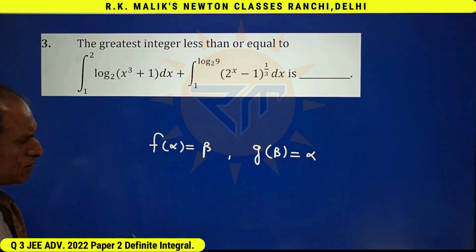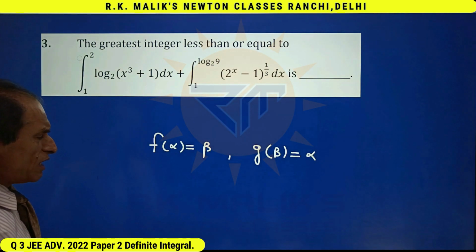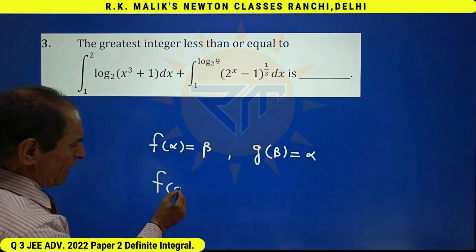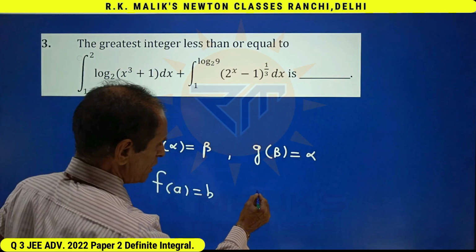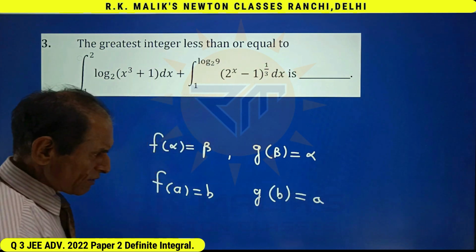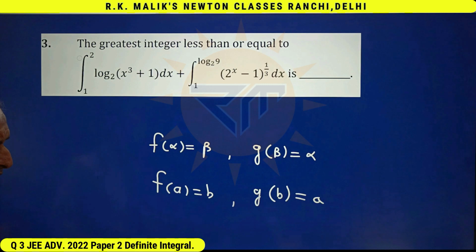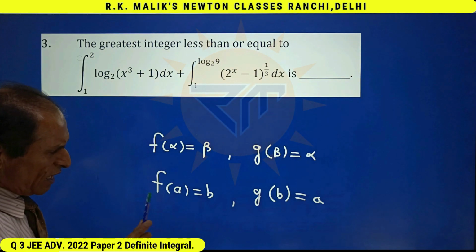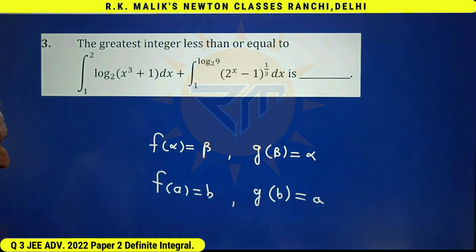But suppose a and b are two real numbers such that f(a) is equal to b and g(b) is equal to a, then immediately it should arise in our mind that f and g may be inverse functions of each other, and whether they are, we know the procedure of finding the inverse function. I'm not going into the detail of that.